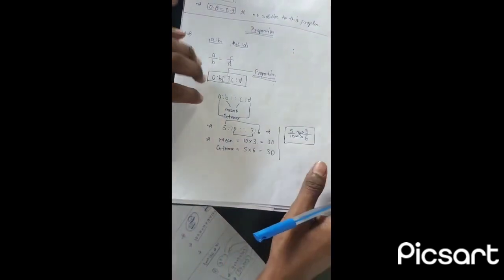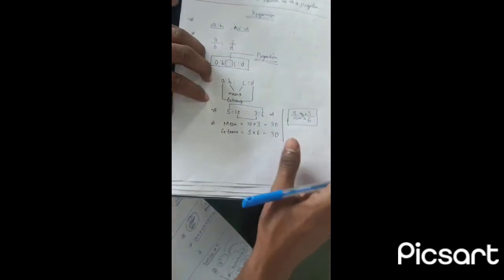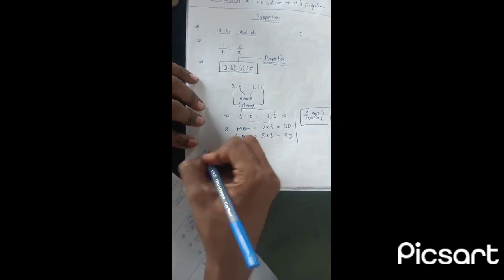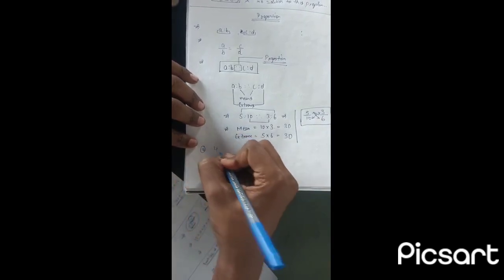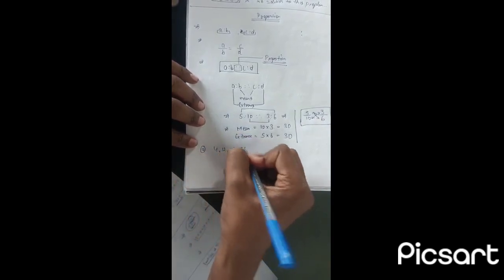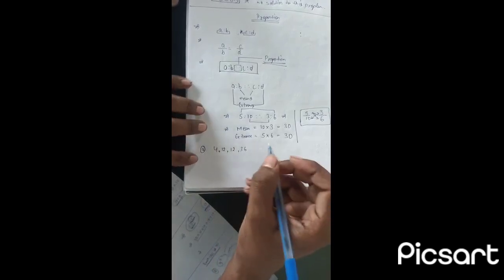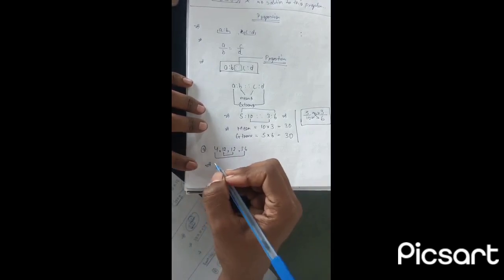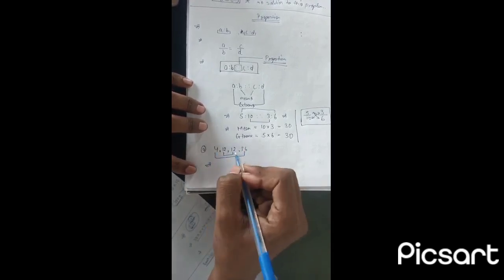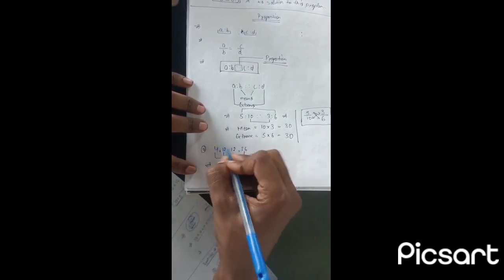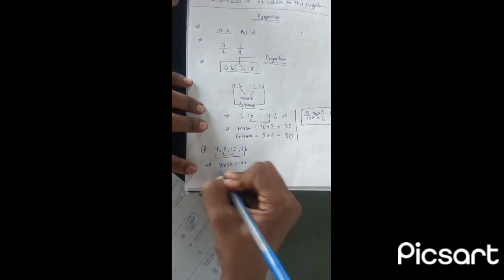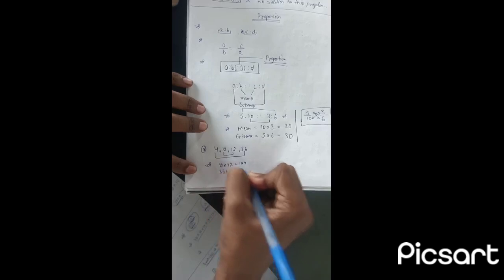Now, here I have told you mean and extreme. Suppose we take the values 4, 12, 12, 36, just for example purposes. In this, these two are the means and these two are the extremes. So if we have to find whether these values are in proportion, we multiply these two and we multiply these two: 12 into 12 equals 144 and 36 into 4 is 144.